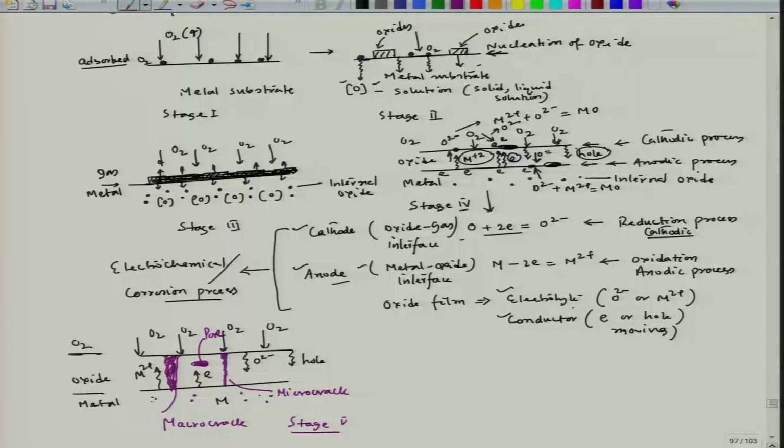That parameter is called the Pilling-Bedworth ratio. If we try to understand this, let us say M plus O2 forms an oxide called MO2.